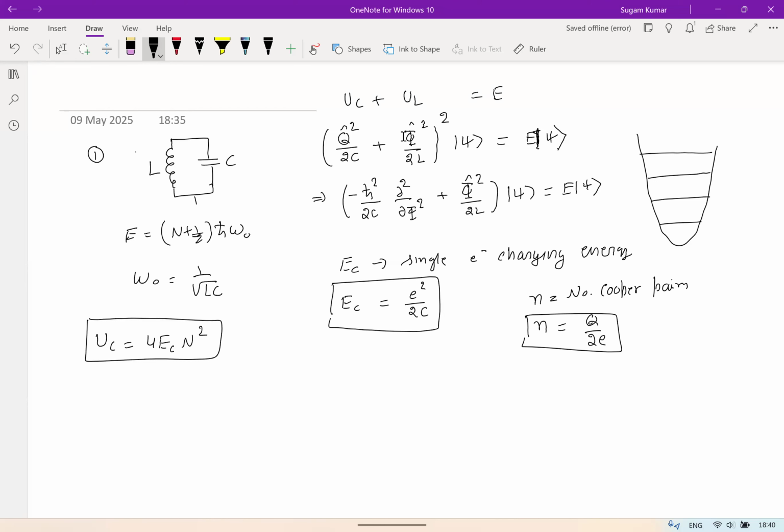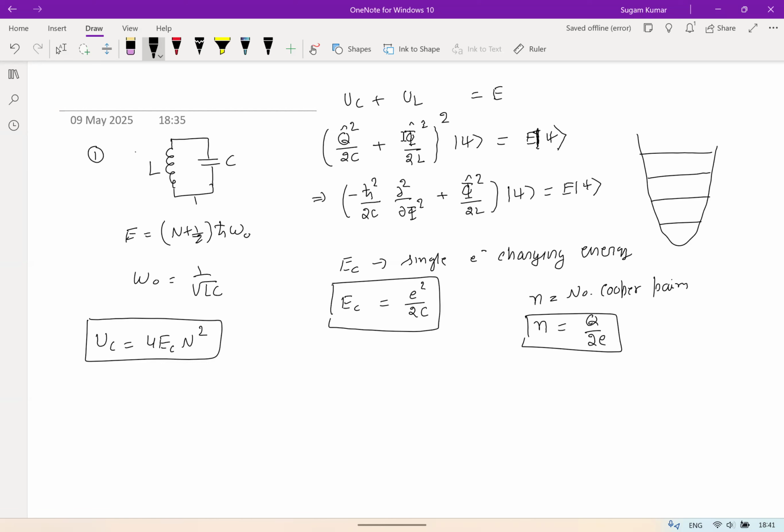Then I said that what we need, and also I think we said, is that we need to introduce this Josephson junction in order to create anharmonicity in the energy spacing.